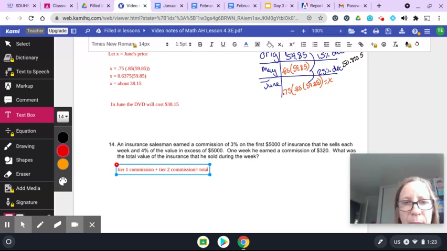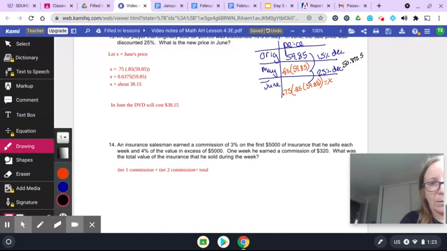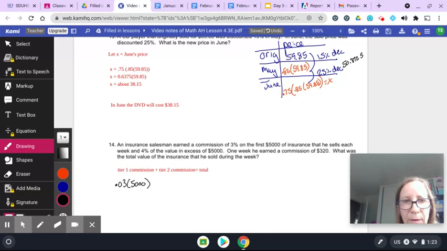Okay, insurance salesman earned 3% of the first $5,000. Okay, so I'm going to assume that he sold $5,000. So here, 3% of $5,000 that he sells each week, and 4% of the value that exceeds $5,000.